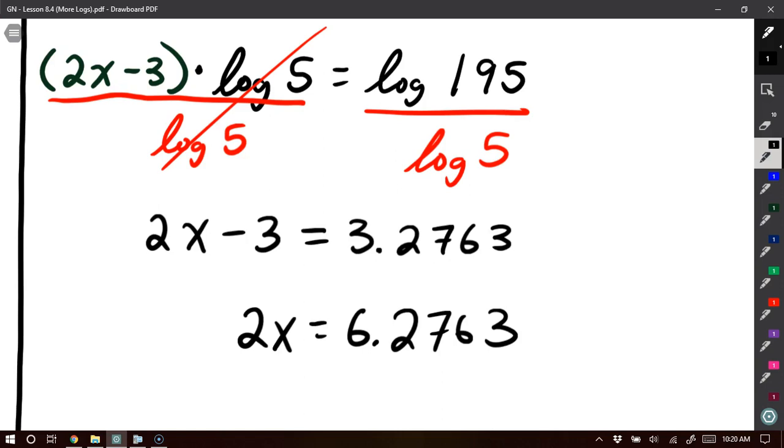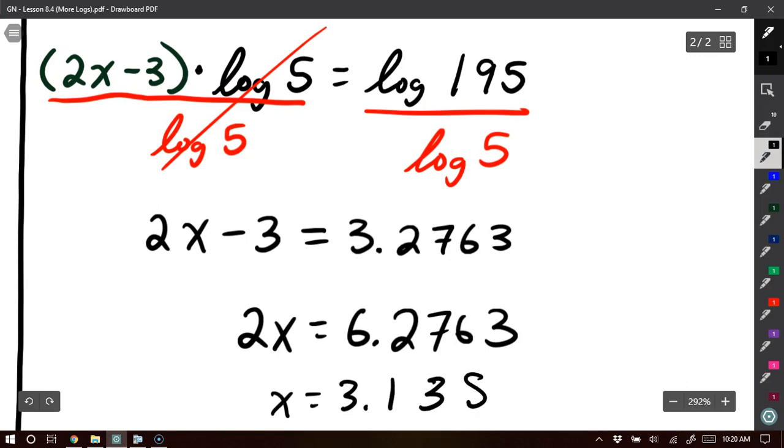And I get 3.1382 approximately. And so there we go.